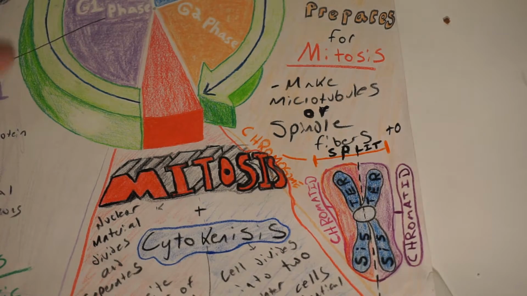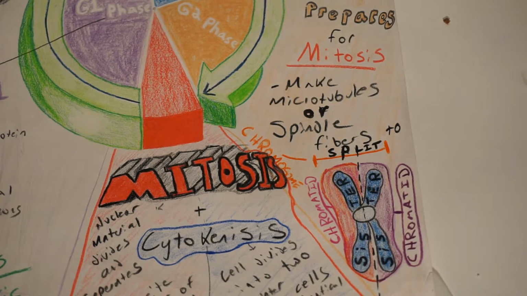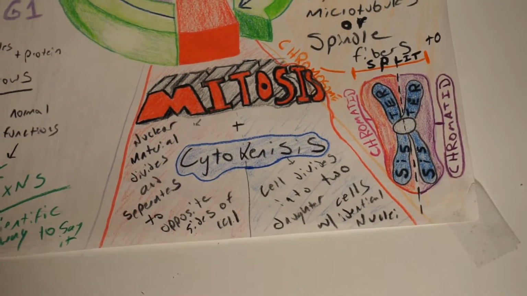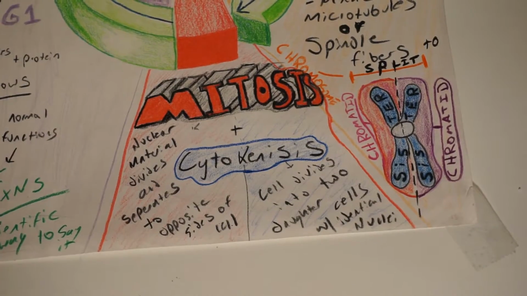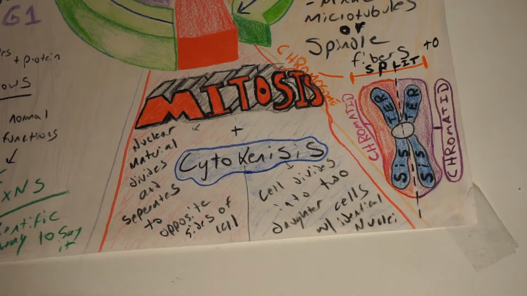Now, part of interphase, and to me, the biggest part of interphase is this little slice of pie right here. And that represents mitosis and cytokinesis. Mitosis is where the nuclear material divides and separates to opposite sides of the cell.